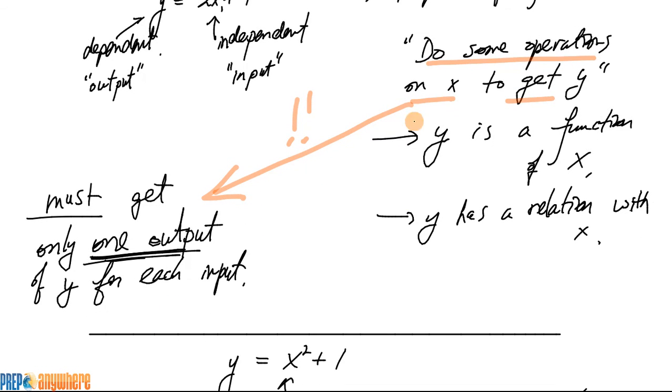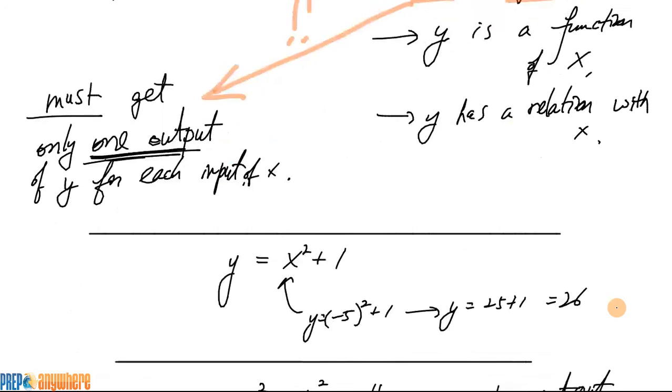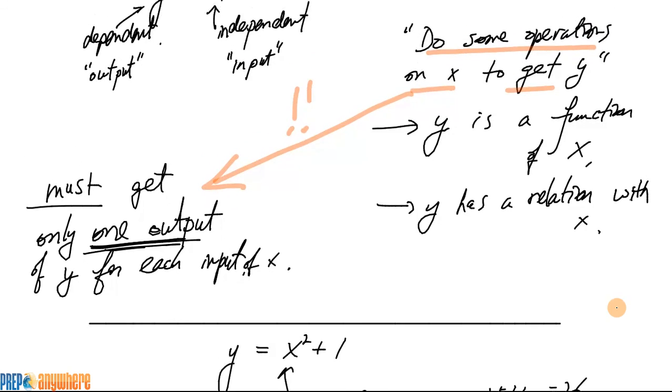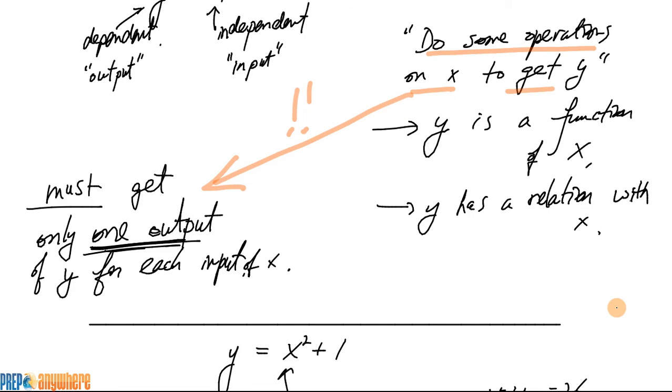We do some operation to x to get y, but we must get only one output of y for each input. I guess I should say input of x. So to distinguish function and relation symbolically, we're going to introduce a new symbol.